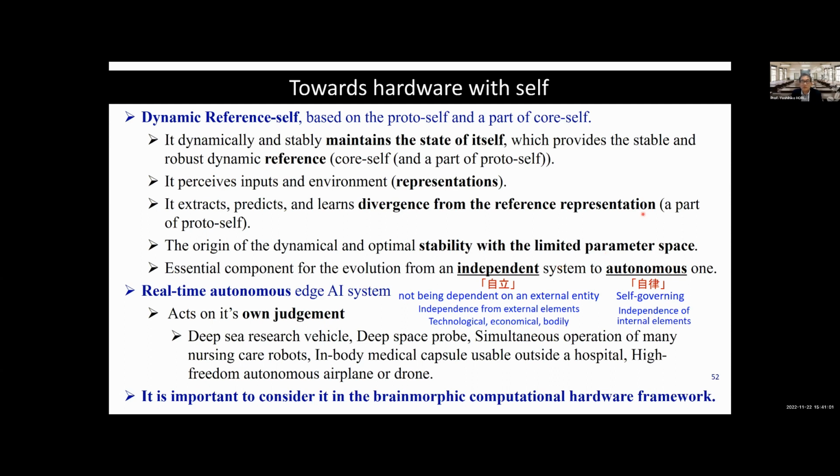To do so, we need some self. If we make this self for a real-time autonomous edge AI system, which acts on its own judgment, it will have a large variety of application areas, such as deep sea or deep space, which are very remote, and the simultaneous operation of many agents.